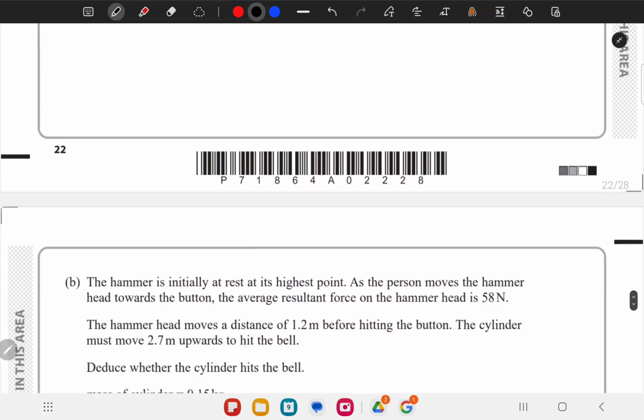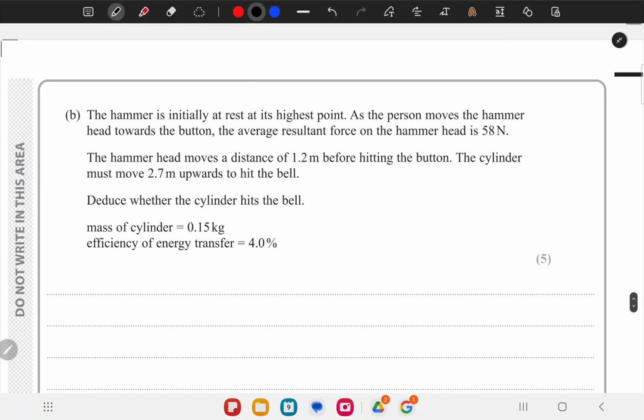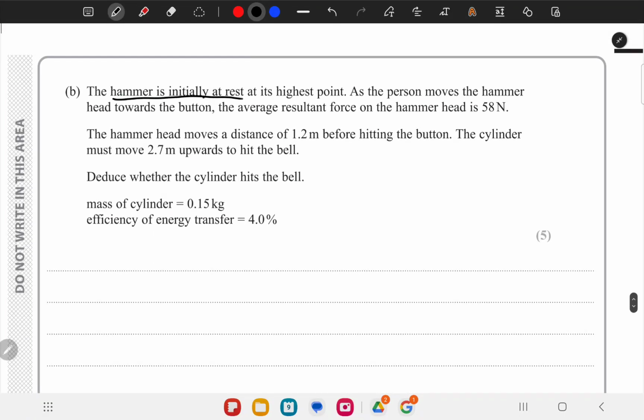Now moving on to the next question, or part B. We are told that the hammer is initially at rest at its highest point. As the person moves down the hammer, the average resultant force on the hammer is 58 newtons. So this is the force from the person's hand and its weight combined.